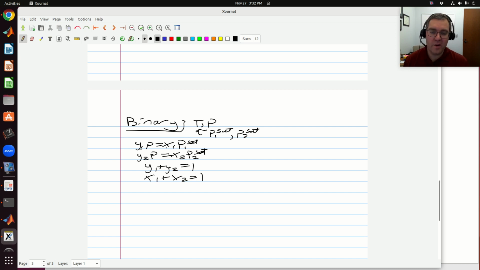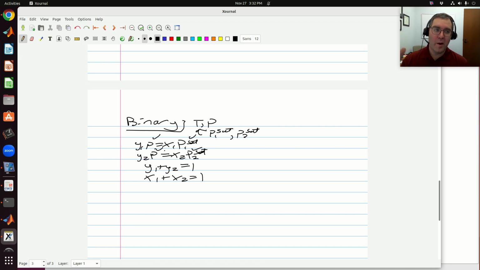So for a binary system, if I specify temperature, that means P1 sat and P2 sat are fixed. If I specify pressure, then I know P. In terms of unknowns, I have four unknowns: Y1, Y2, X1, and X2. But I have 1, 2, 3, 4 equations.